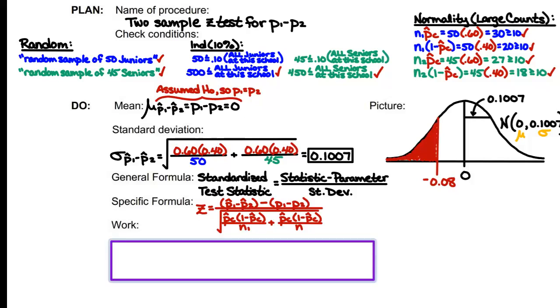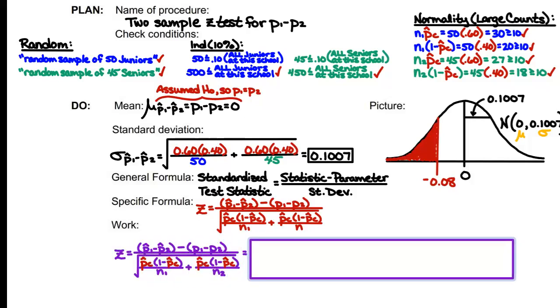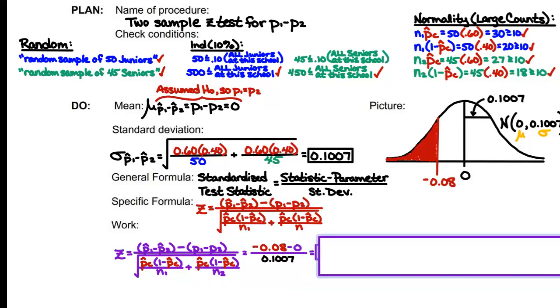And then we have our standard deviation. 0.1007 for our standard deviation. So we get a z-score of roughly how much?